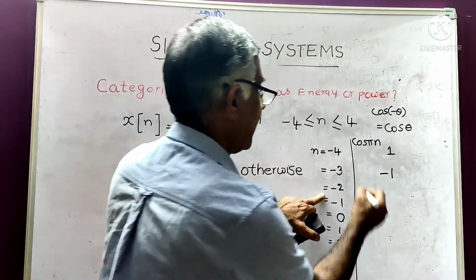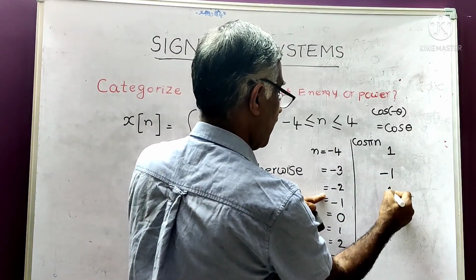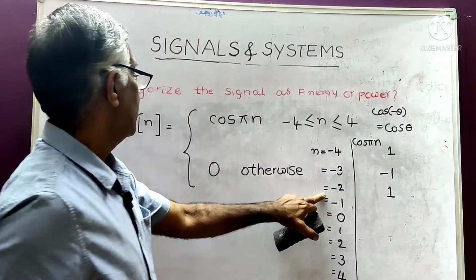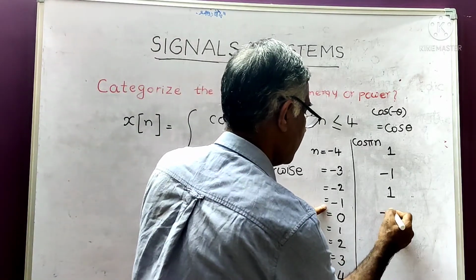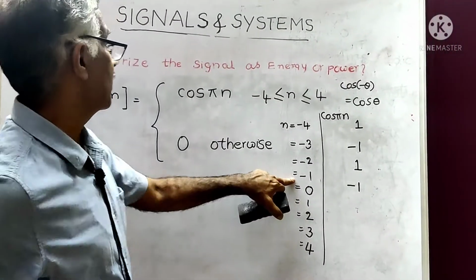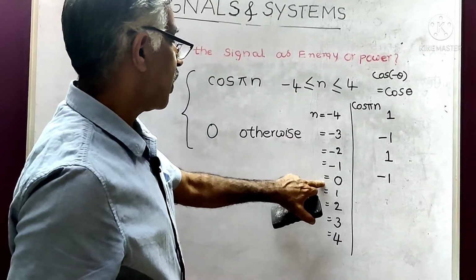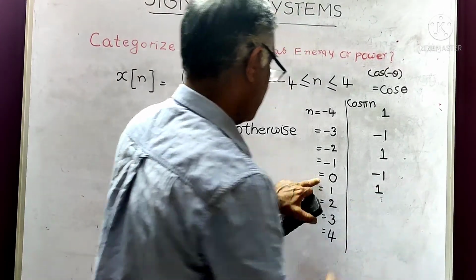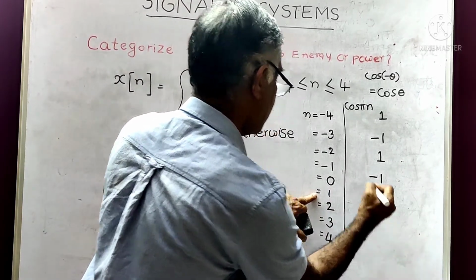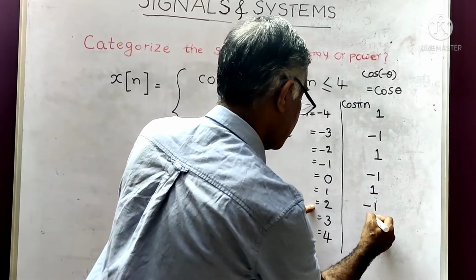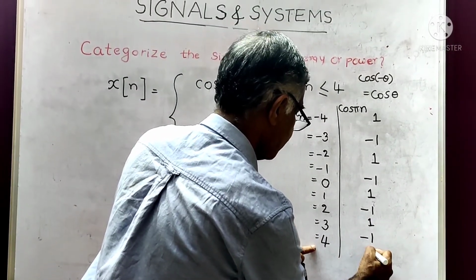Next, -2, as with -4, it is 1. For -1, again it is -1. Cos pi n is a periodic function, that is why the value alternates. Next, cos 0 is 1, cos pi is -1, cos 2 pi is 1, cos 3 pi is -1, and then 4.